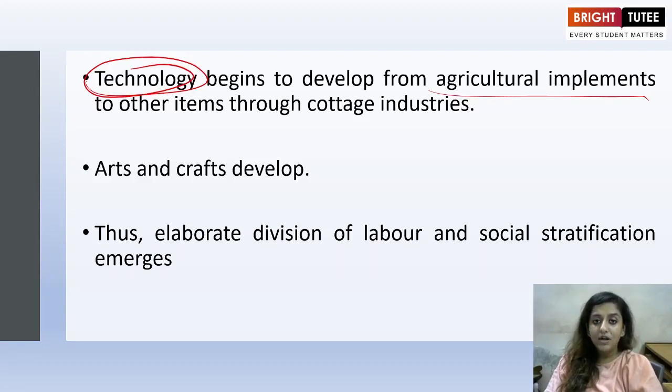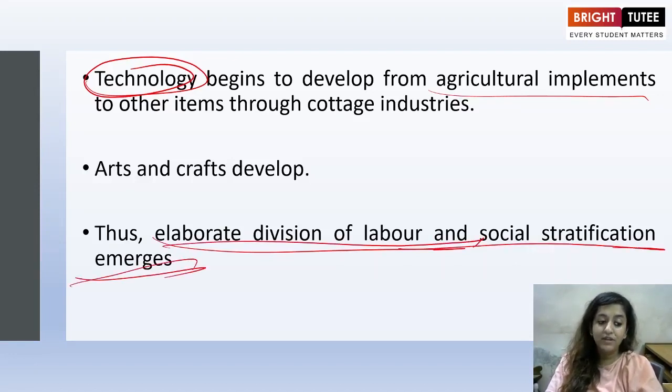Arts and craft are developed out there, thus elaborate division of labor and social stratification emerges. Now, when you talk about agricultural societies, it is not just people who are all involved in agriculture.